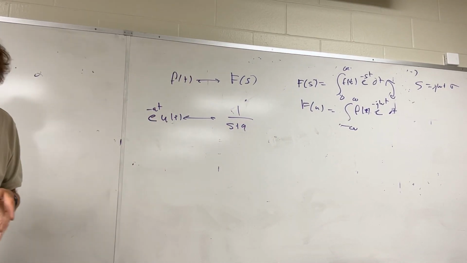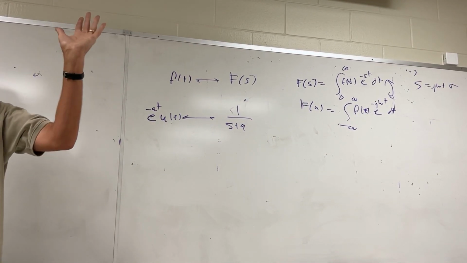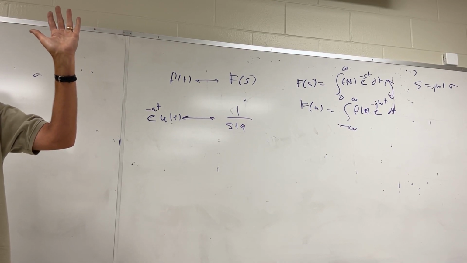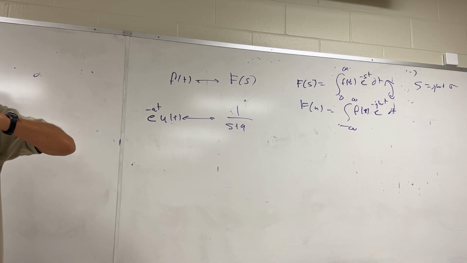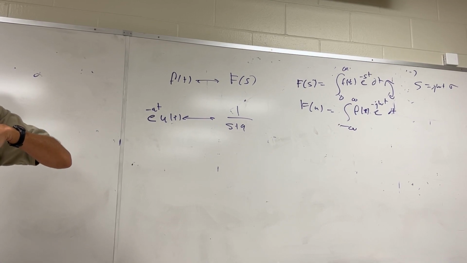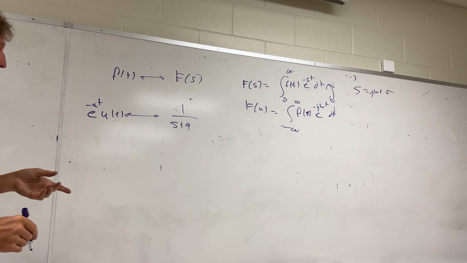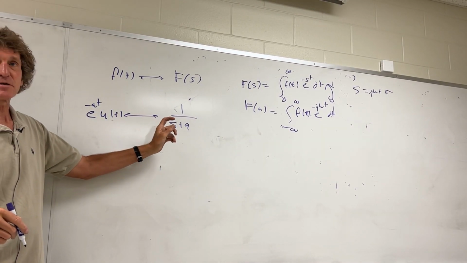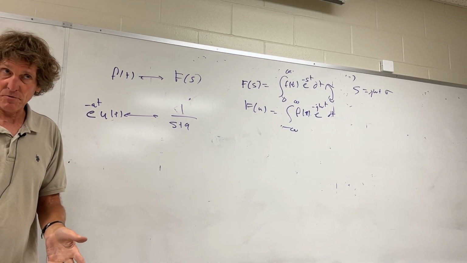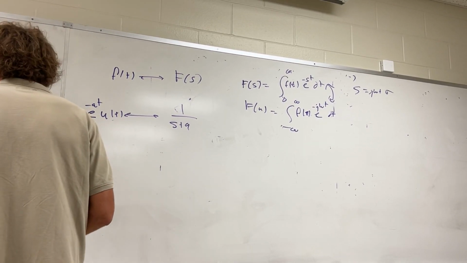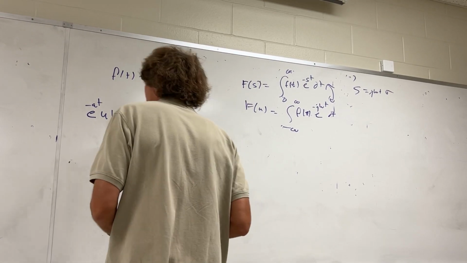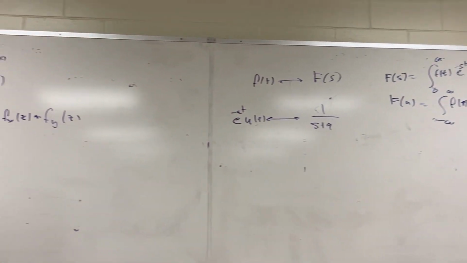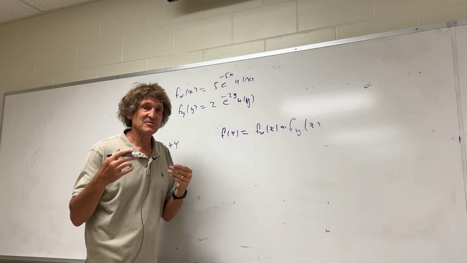Now, I hope you all remember that. Everybody should. This is something that's kind of universal. You have to know this. And if it was the Fourier transform, it would be 1 over a plus j omega. S would be replaced by j omega. There's nothing tricky here. Now I want to do this using Laplace transform theory.